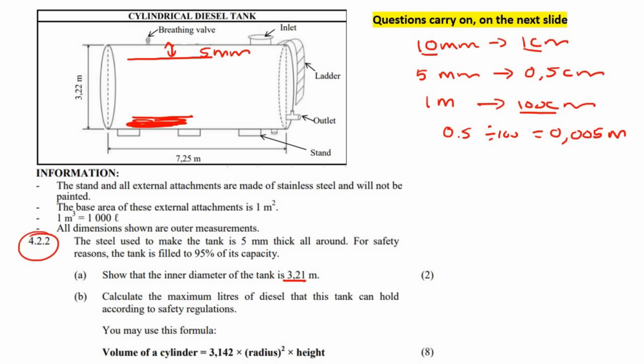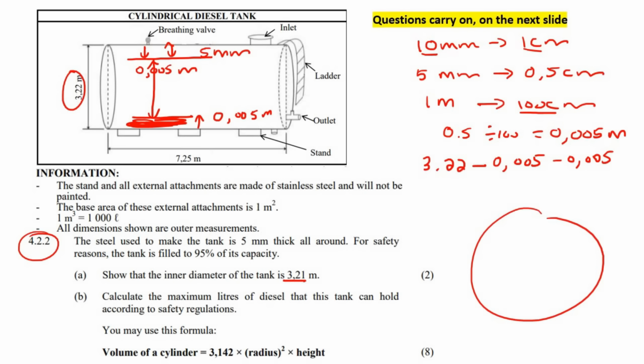So this distance is 0.005 meters, and this distance is also 0.005 meters. So they want to know what is the inner diameter. So you could say 3.22 take away 0.005 and then take away another 0.005.